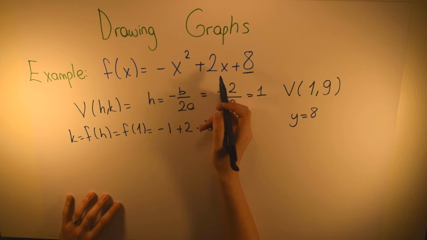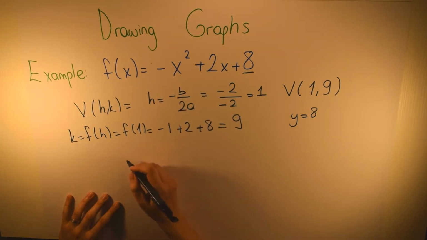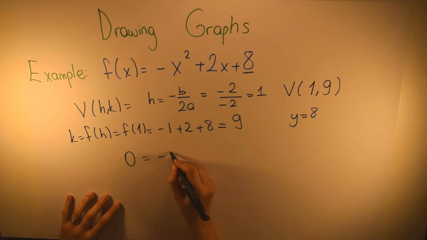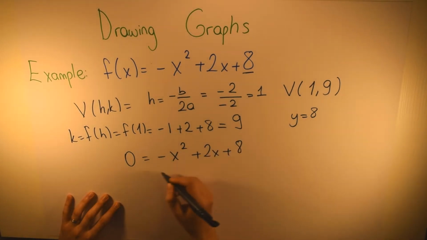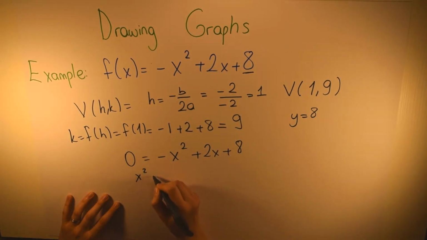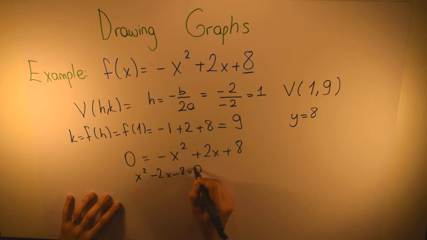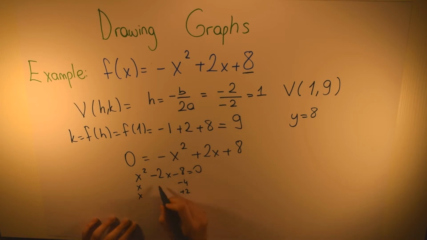When we put 0 instead of y, we have 0 = -x² + 2x + 8. We can write this as x² - 2x - 8 = 0. So from here, (x - 4)(x + 2) = 0, since -4x + 2x is -2x. So x1 is equal to 4 and x2 is equal to -2.